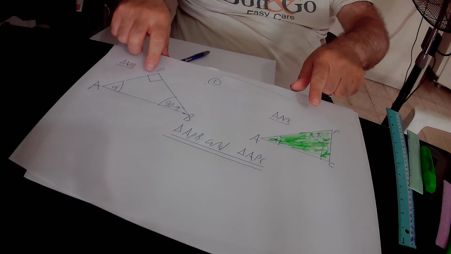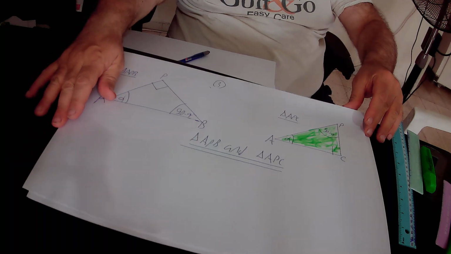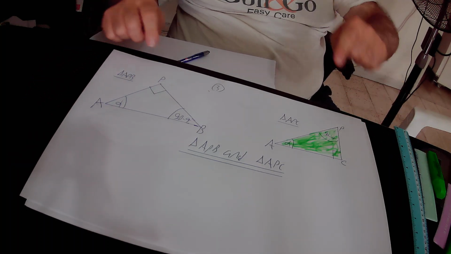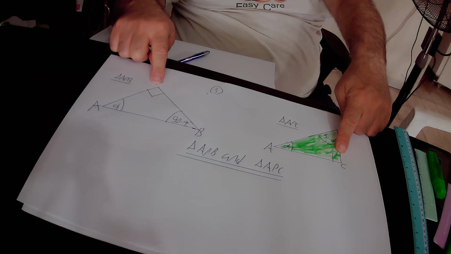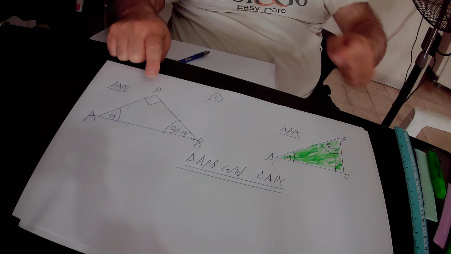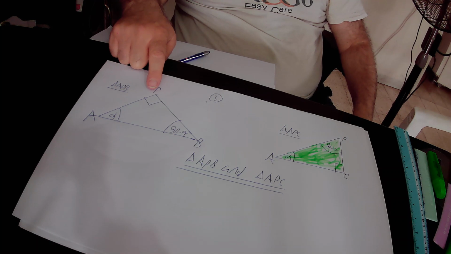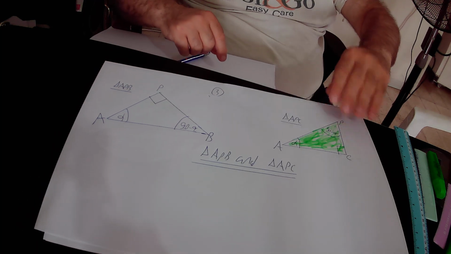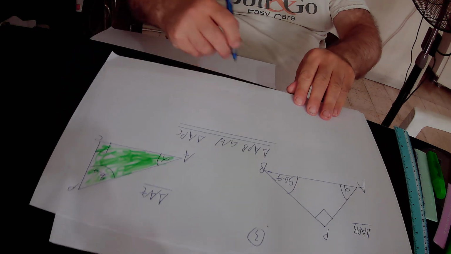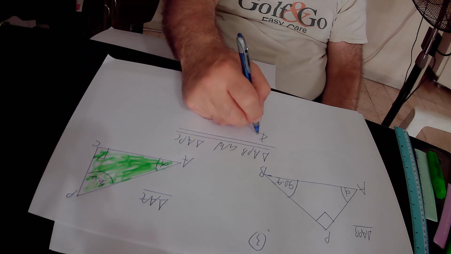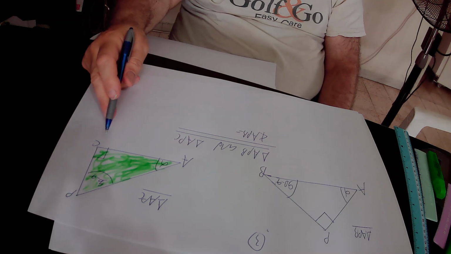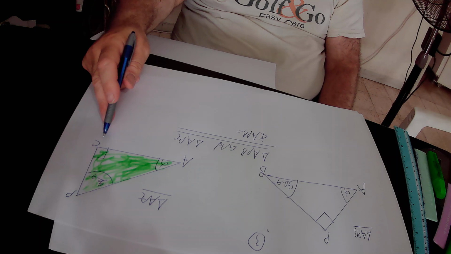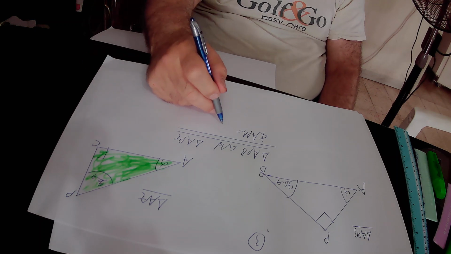So why are those two right triangles similar to each other? First of all, those two angles are both equal to 90 degrees, therefore they are equal to each other. So actually, this is angle APB in the right triangle, and it is equal to this angle, that is actually angle ACP in the green triangle.